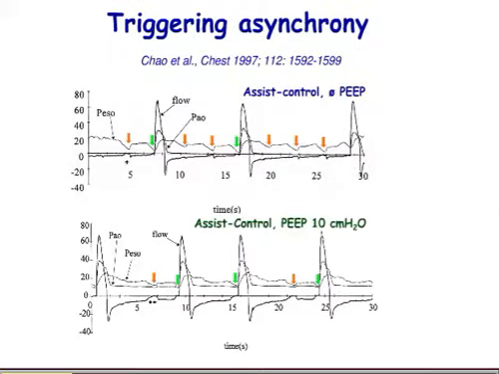Now, when PEEP was applied to counter the inspiratory threshold effect of intrinsic PEEP, you can see here that the number of ineffective breaths clearly declined.